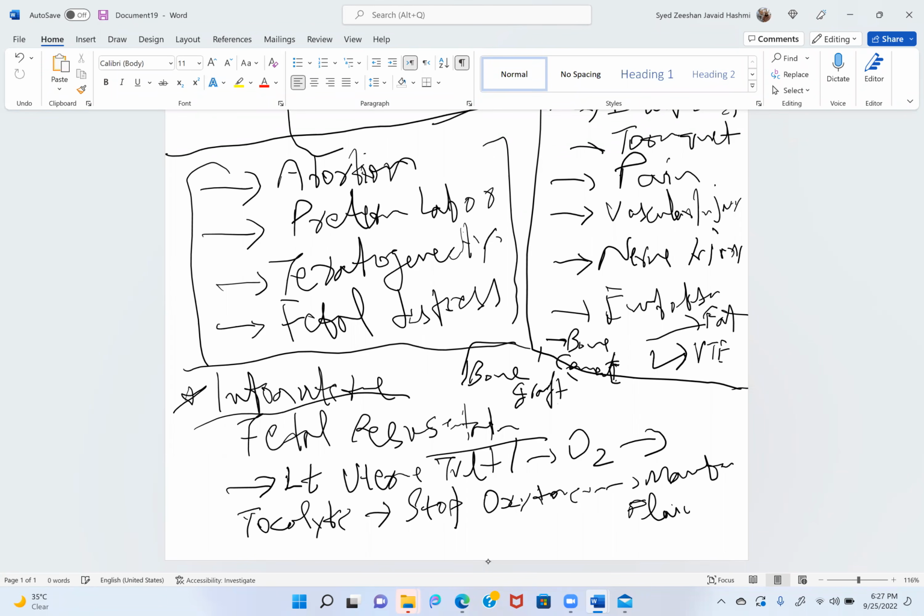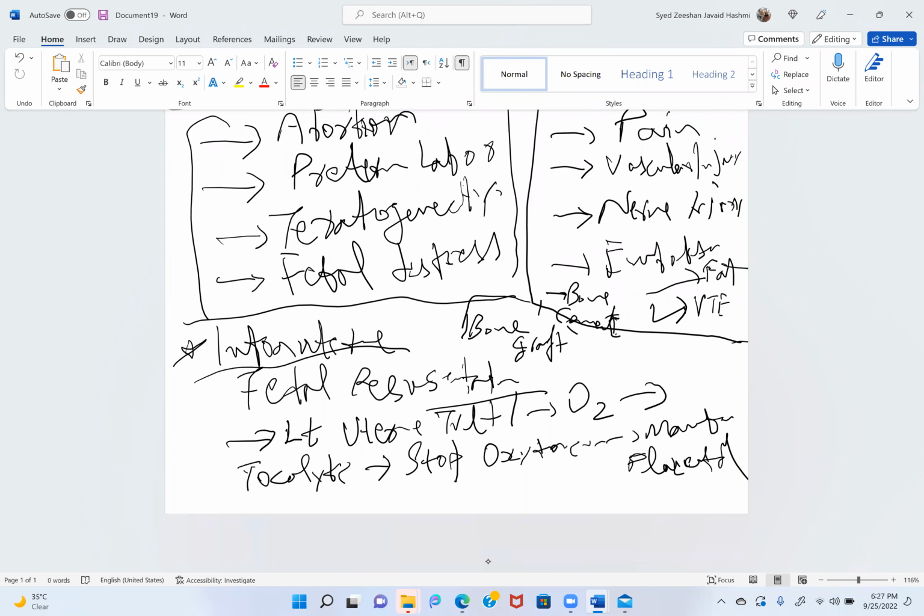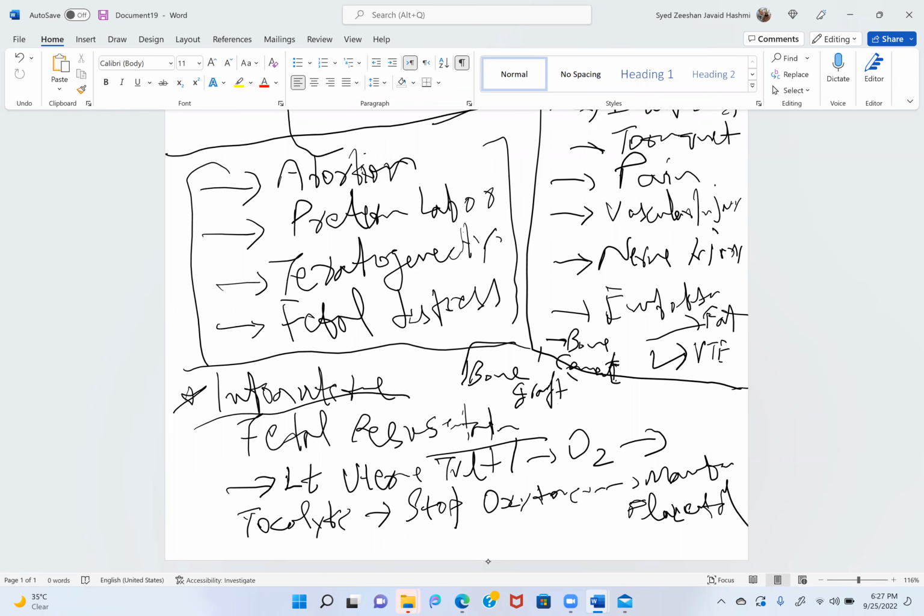You will give fluid, oxygen, and do uterine tilt. If you are giving oxytocin, maybe you will ask the gynecologist to consider stopping it, or even give tocolytics. If you are anesthetizing, maybe you can increase the fraction of oxygen you are giving. What else?